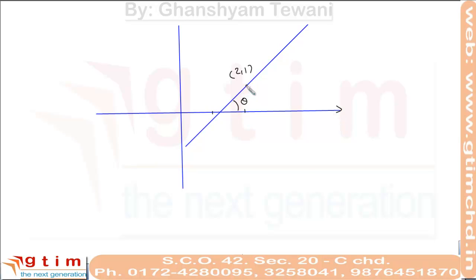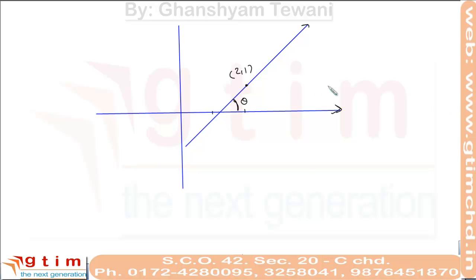Now here two specifications are given for the line. One is the point through which the line passes, and one is the angle with the positive x-axis, or we can say the direction of the line is given. So when one point and the direction of the line are given, we can draw one fixed line.